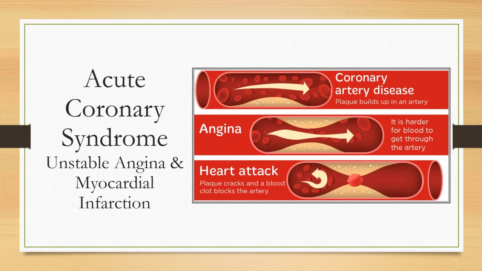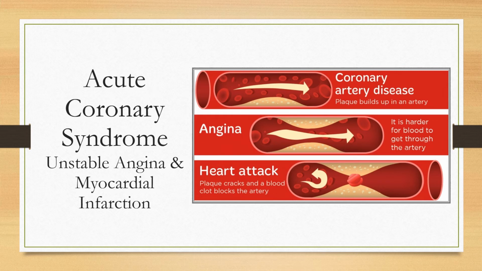The middle one is still showing angina, but let's just say that the plaque has built up and the plaque is now rupturing. So it's become what's called a complex plaque. So a person was going along just fine with stable angina, and then one day the plaque cracked open in the coronary artery, and all that fatty, cholesterol-laden tissue leaked out of the plaque and is exposed to the blood.